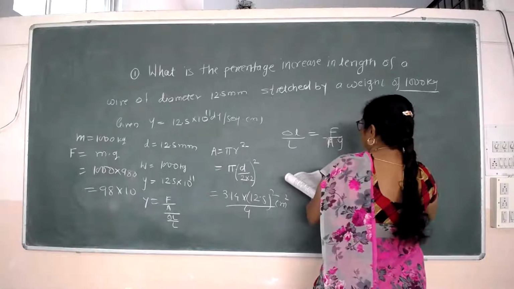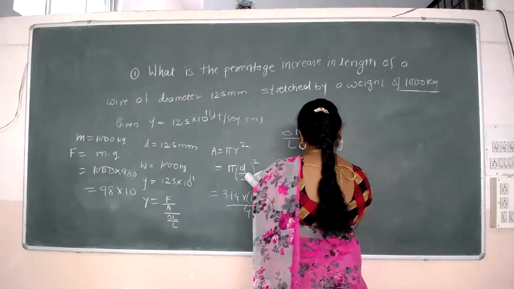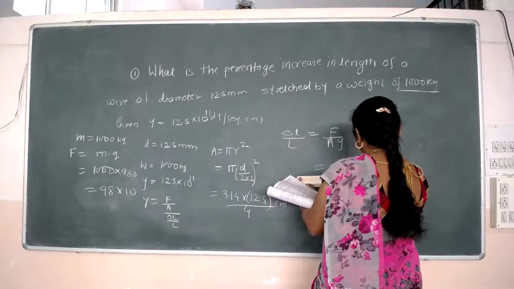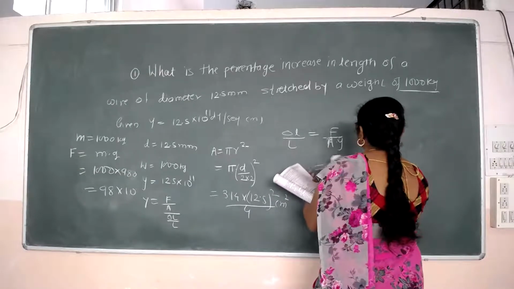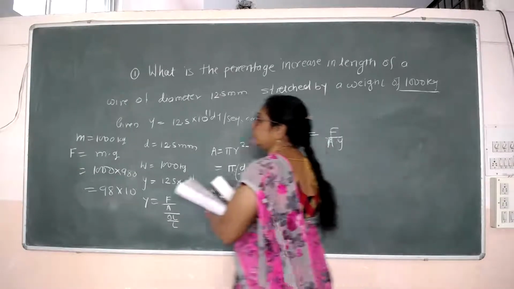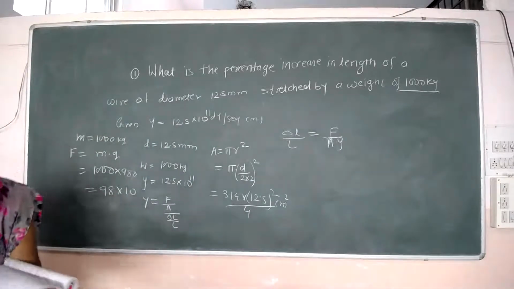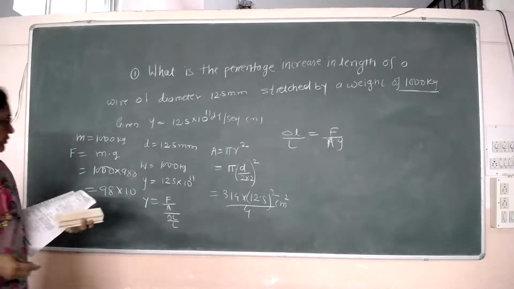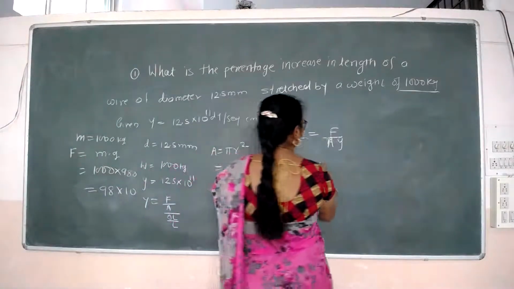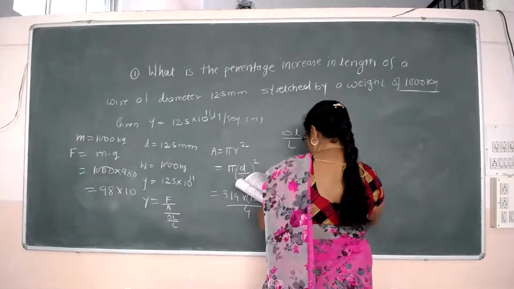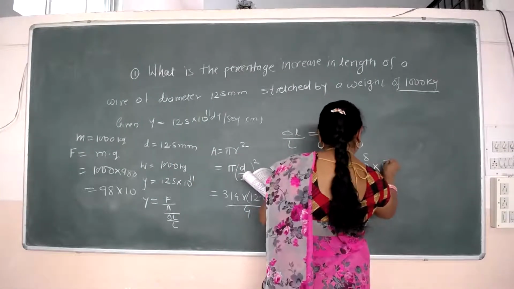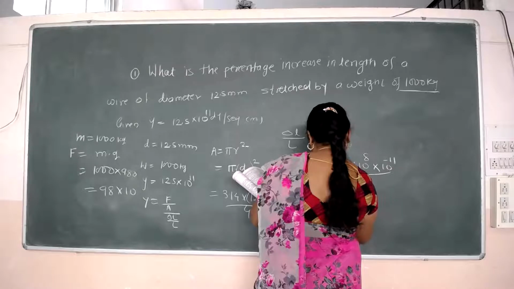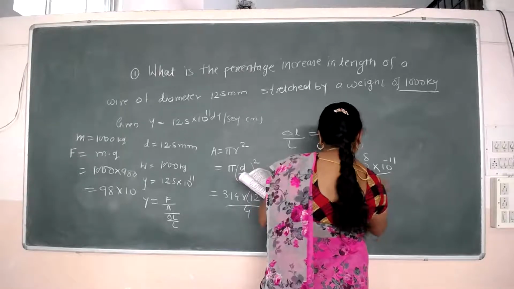Then substitute this value in the formula, which is equal to 9.8 into 10 to the power of 8 into 10 to the power of minus 11, and substitute the value of the area, that is 5 divided by 4 into 12.5 square.